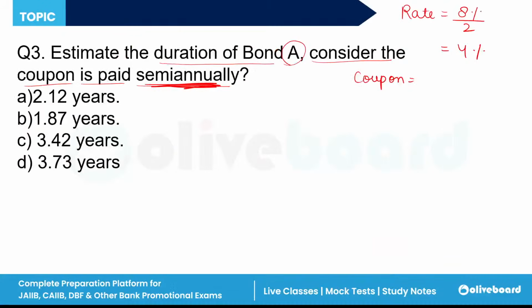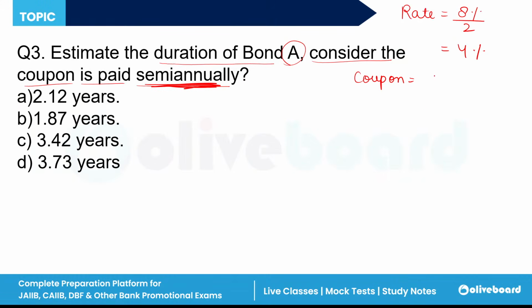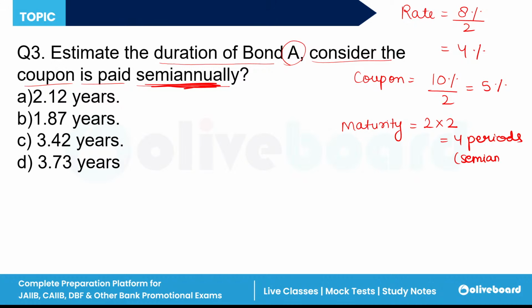The coupon percent is 10%, which is annual, so we have to find the semi-annual: 10% divided by 2, which equals 5%. What is the maturity period here? That is 2 multiplied by 2, which is 4 periods. In the case of semi-annual, we have to do this.